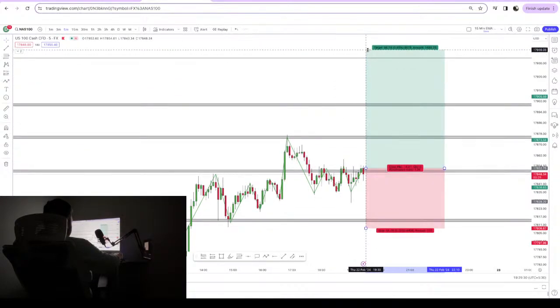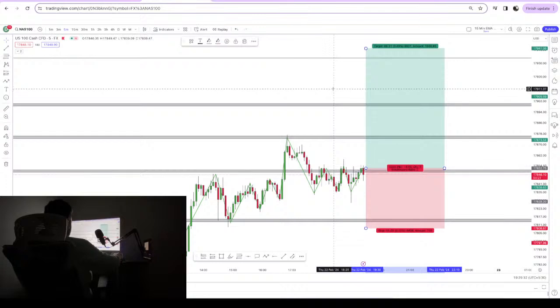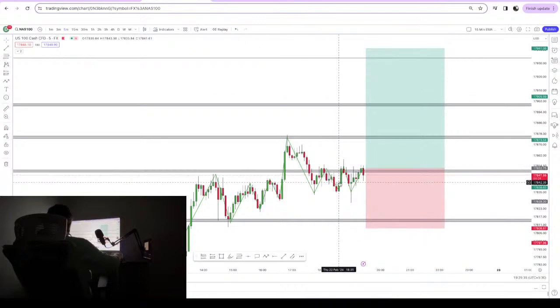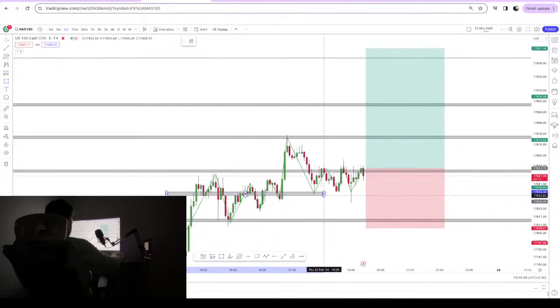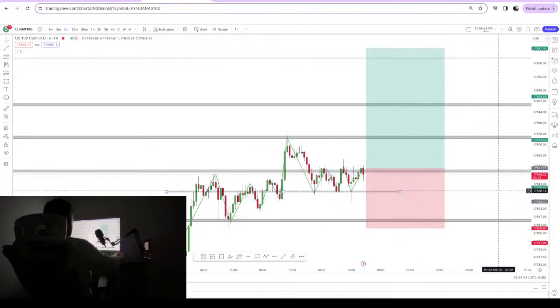Sometimes it may just come down for a liquidity sweep. So if we get a bullish engulfing candle at this zone or this current zone, we can take a nice trade.